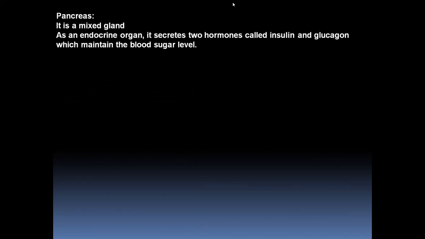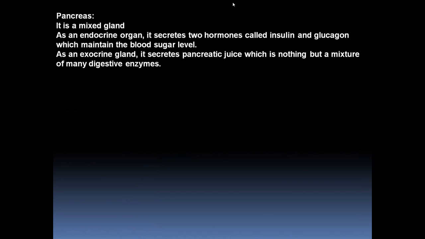Now let us learn about the next type of gland called the pancreas. Pancreas is a mixed gland. As an endocrine organ, it secretes two hormones called insulin and glucagon. Just now we have seen that the liver stores glucose in the form of glycogen.